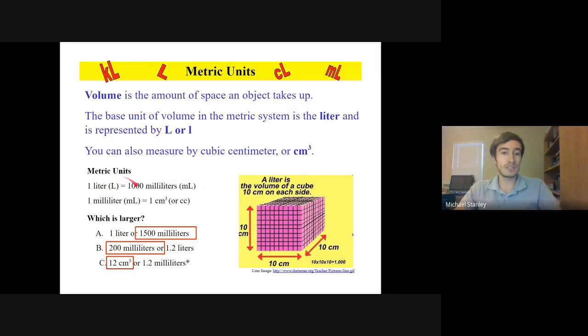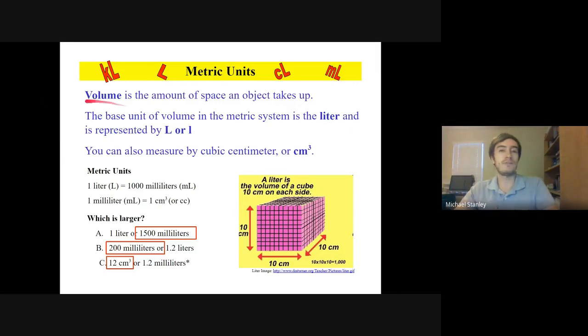So again, liters, milliliters, and cubic centimeters are what we like to use for our units in the metric system when it comes to volume. So for length, we had our meters, and we could have kilometers or centimeters or millimeters as our units. For weight, our base unit was the grams, and then we could have kilograms or milligrams to go bigger or smaller than that.